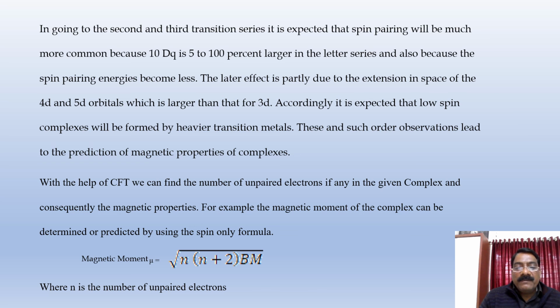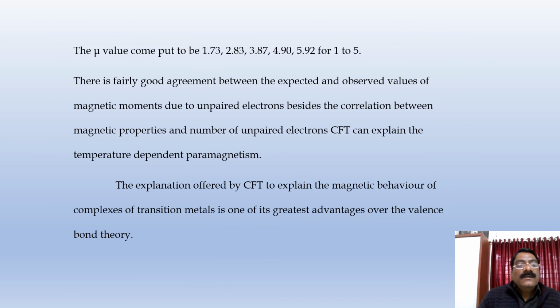Depending on the number of unpaired electrons, we can calculate the magnetic moment of the complex. The mu value comes out to be 1.73, 2.83, 3.87, 4.90, 5.92 for 1 to 5 unpaired electrons.